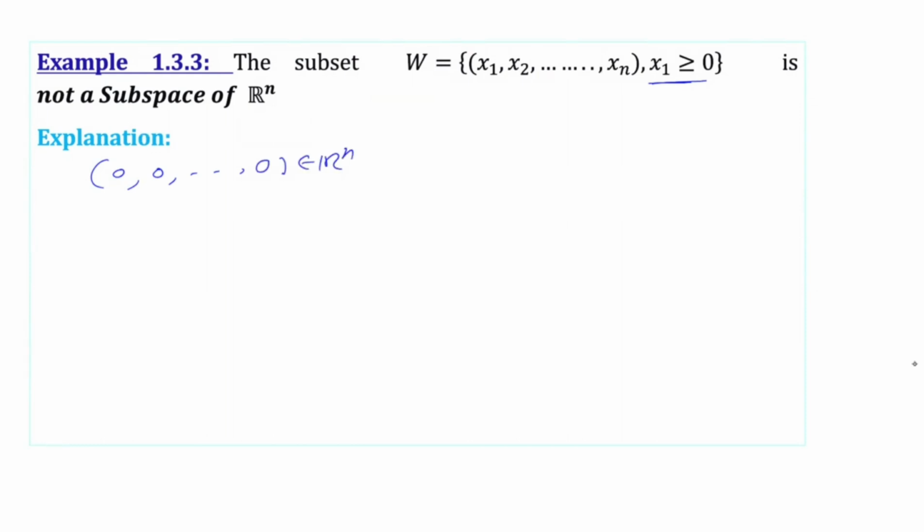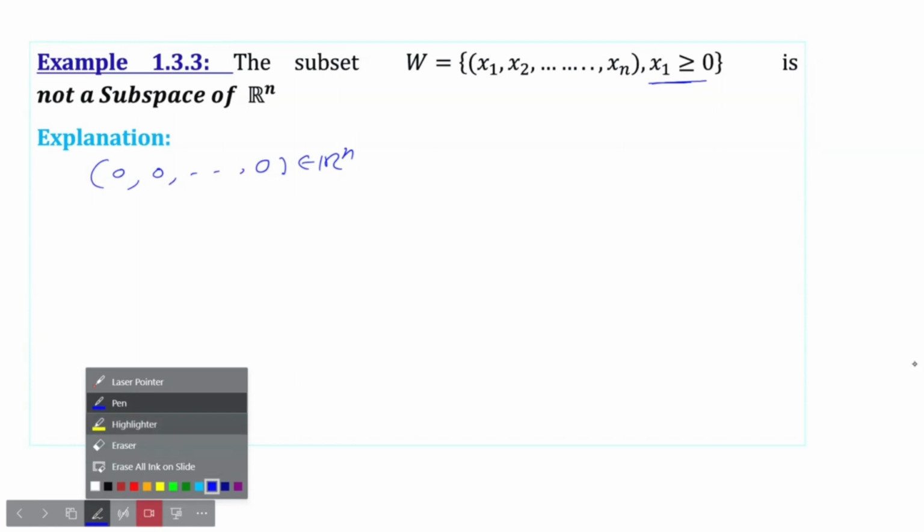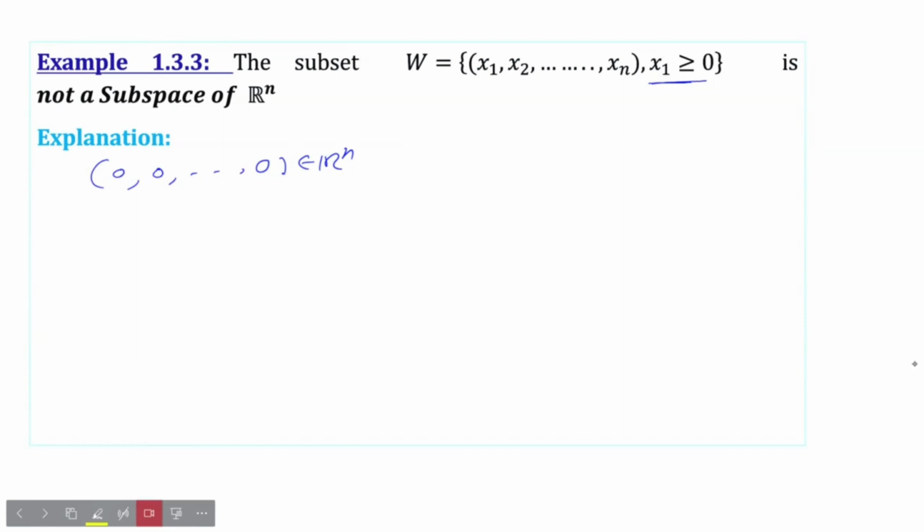Since x1 can be 0, and the other entries x2, x3, up to xn are any real numbers, they can be 0. Therefore (0, 0, ..., 0), the zero of the vector space Rn, is a member of W.